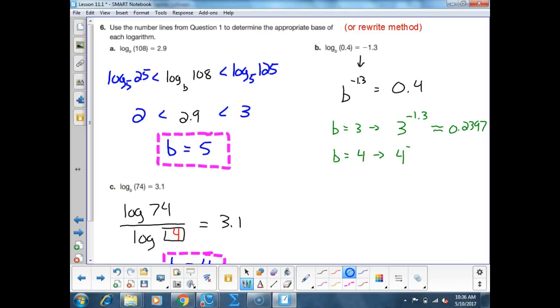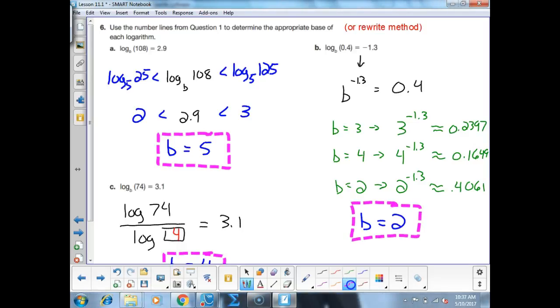And so that would be 4 to the negative 1.3 power, which is 0.1649, which I'm going the wrong way. I want to be at 0.4, so then I would try 2. And that would be 0.4061. And so then you could say here that your base then is 2.